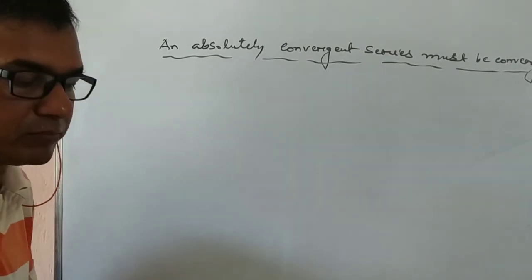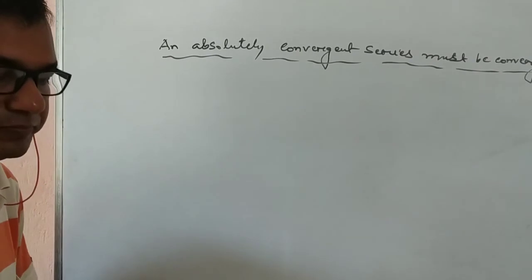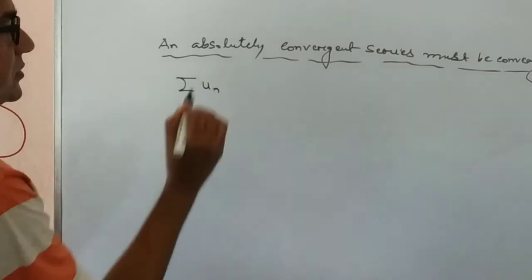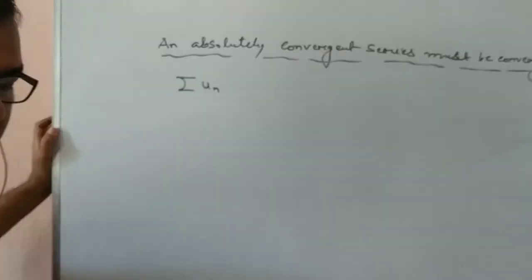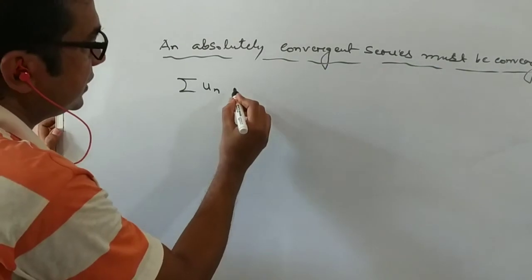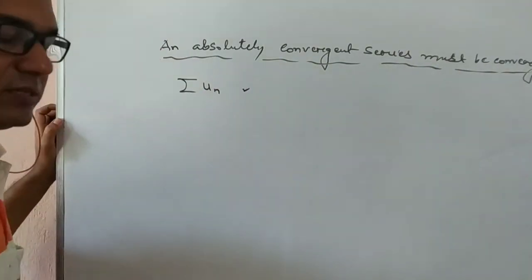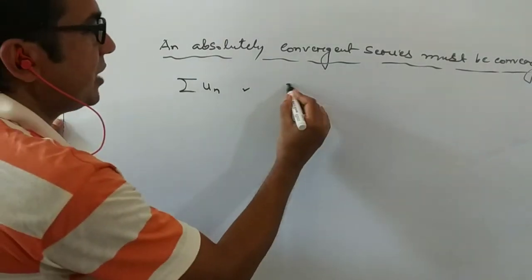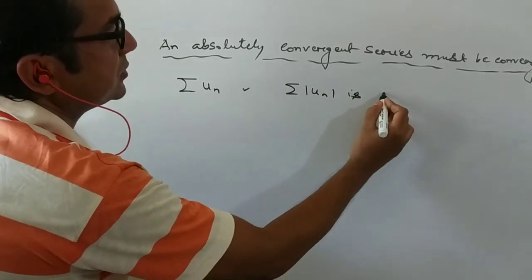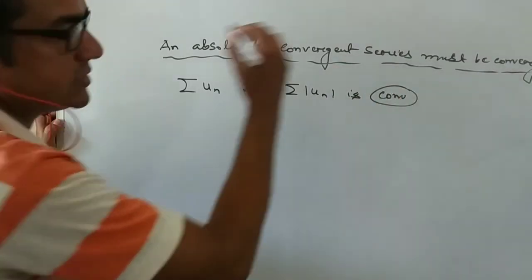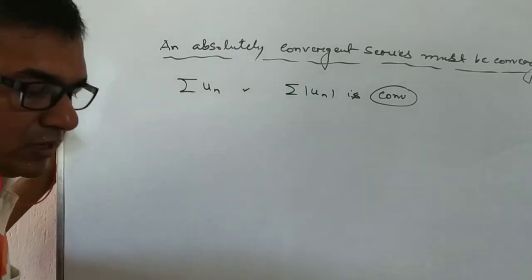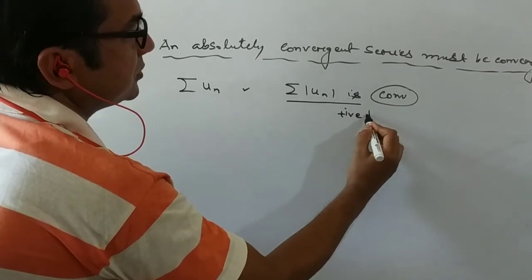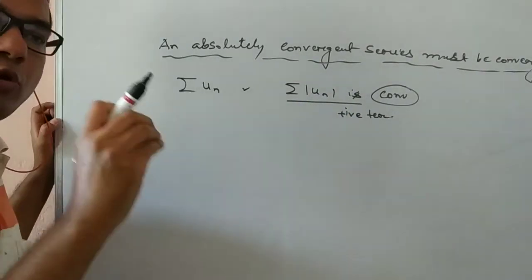Now we prove this theorem. Let summation u_n be an infinite series containing positive and negative terms. Here summation mod u_n is convergent, it is given. So it is a convergent series of positive terms, obviously, because all mod u_n are positive.